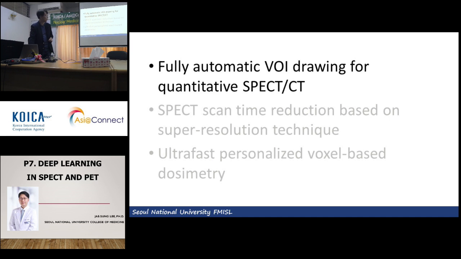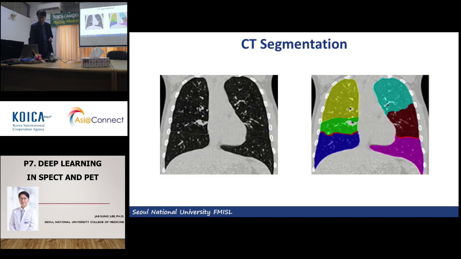But to have the benefit of such quantitative SPECT/CT, unfortunately we need to draw lots of regions of interest or volumes of interest. For example, in a lung scan, we should draw this kind of volume of interest to quantify the radioactivity distribution in different lobes of the lungs.